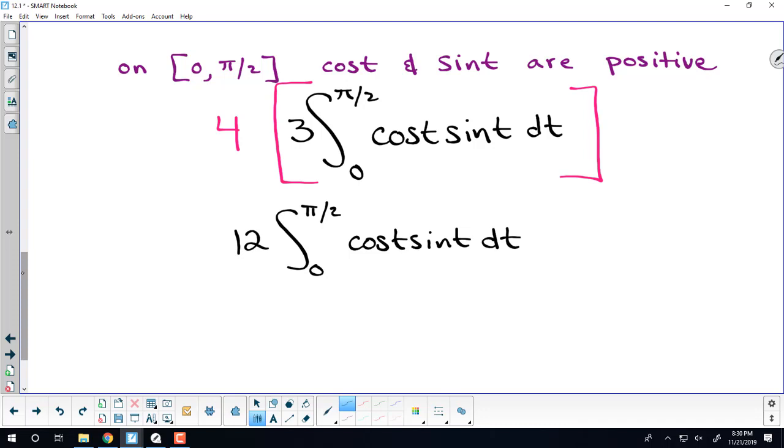So how do we integrate that? You can integrate by parts, yep. Or, what's the derivative of sine? Cosine. So we see that this function's derivative is right here.